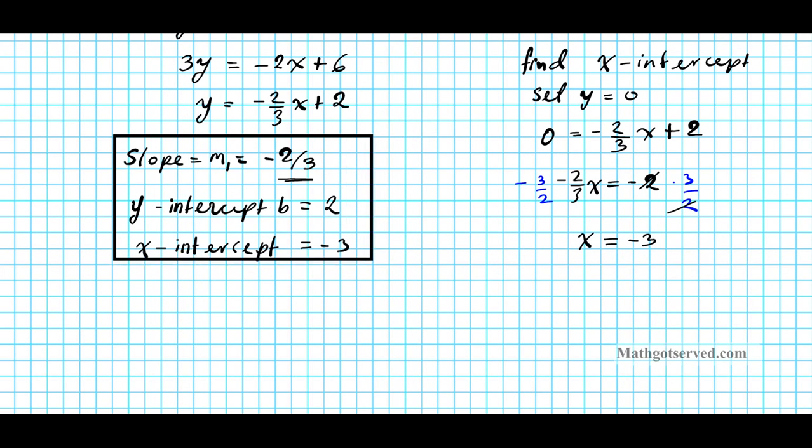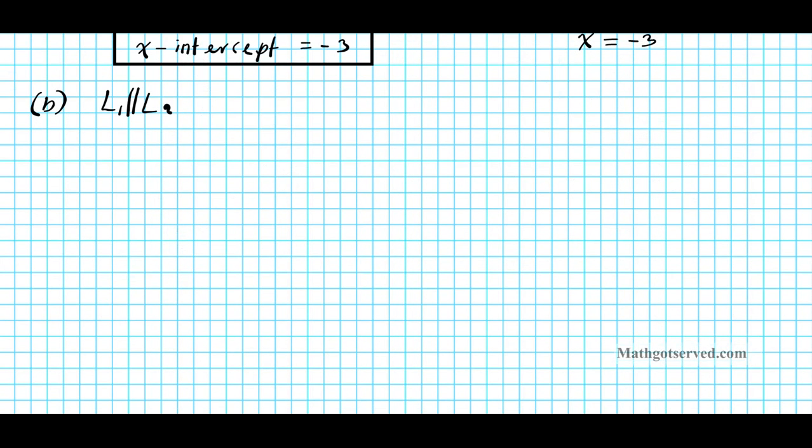Okay, now let's move on to the next question. We are to write the equation of a line that's parallel to the given line and goes through the point 3, 2. So for part B, we know that L1 is parallel to L2. If L1 is parallel to L2, what does that tell us?